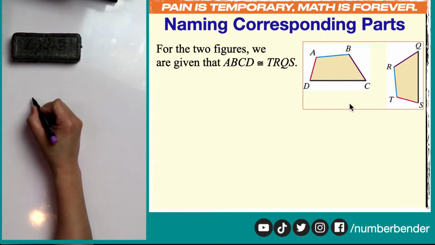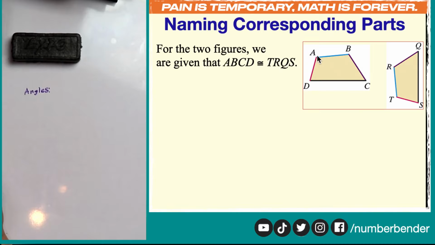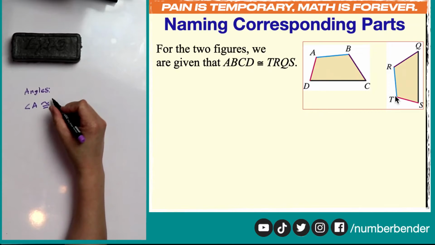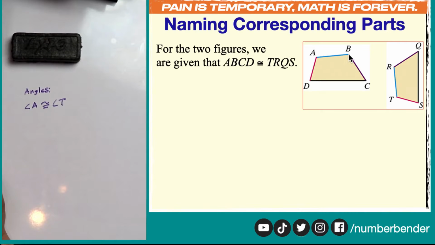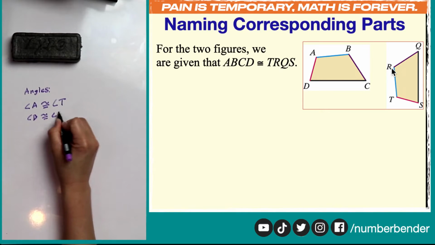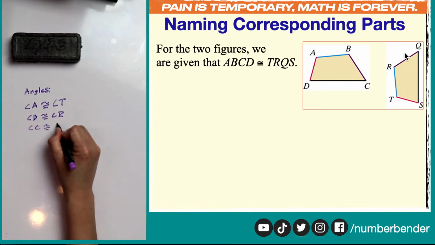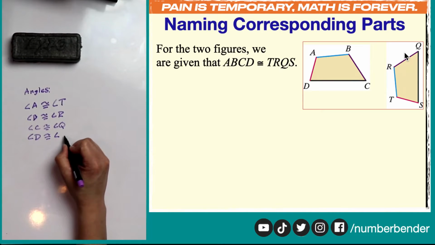If we start with listing down the corresponding angles, angle A is congruent to angle T, angle B is congruent to angle R, angle C is congruent to angle Q, and angle D is congruent to angle S.